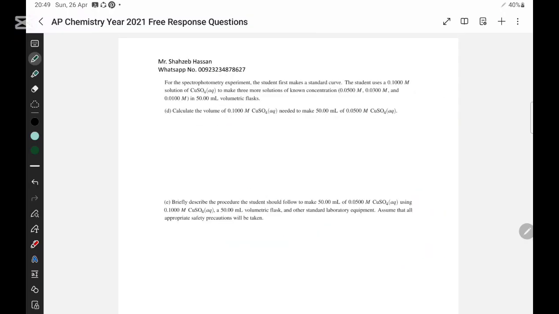So for the next question, they are saying calculate the volume of 0.1 molar copper sulfate needed to make 50 milliliters of 0.05 molar copper sulfate. First of all, the molarity given to us is M1, V1 is the volume we need, and V2 and M2 are for the second solution. So we can use the formula M1V1 equals M2V2.